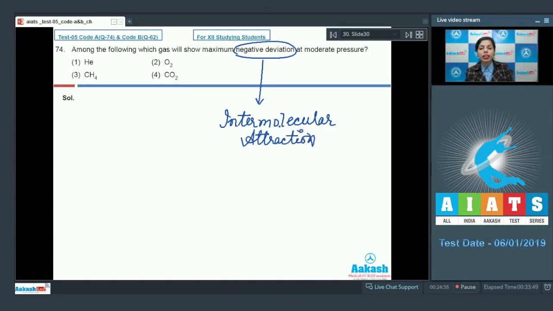The more the intermolecular attraction, the more the negative deviation. And if we talk about carbon dioxide, this is the gas which shows maximum intermolecular attraction. And definitely due to that, it will show maximum negative deviation also. So I'm just going to choose this as the correct option. After this, let's take the next question.